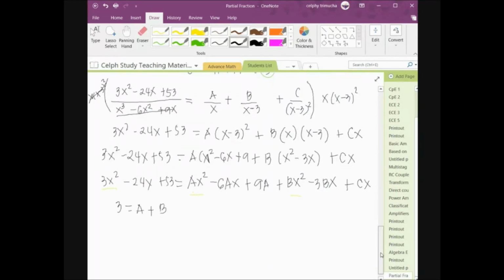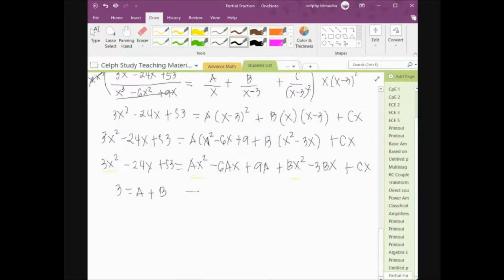Okay, this is your equation 1. Next, para sa linear nga mga value, negative 24x, negative 6a, then we have negative 3b, we have c again.